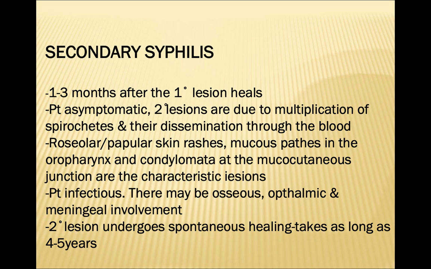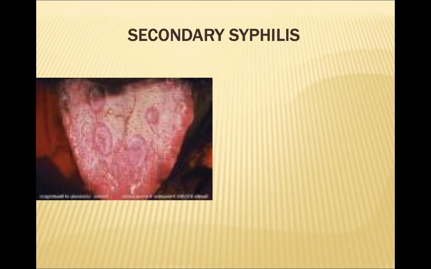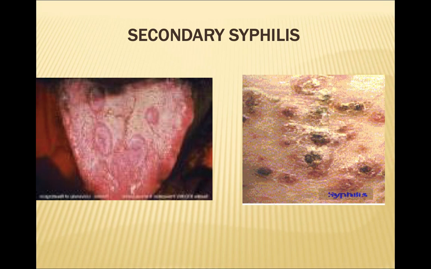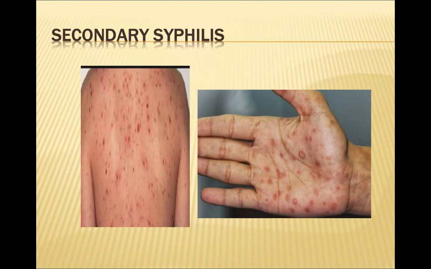The roseolar skin lesions, condylomata and mucus patches in the oropharynx are the characteristic lesions which occur during the secondary syphilis. These usually undergo spontaneous healing in about 4 to 5 years of time. So these are some of the pictures which show you the macular lesions which can appear on the tongue, submucosal layers, on the palms and skin.